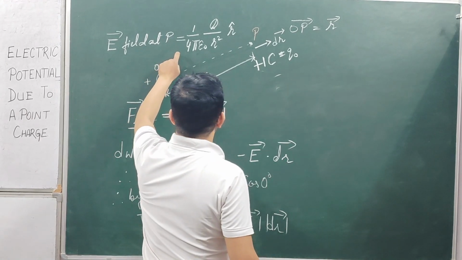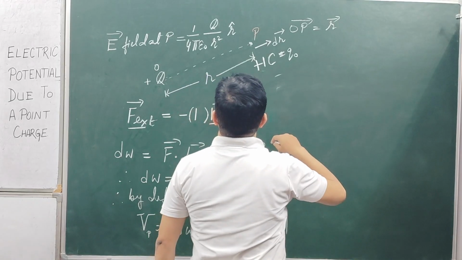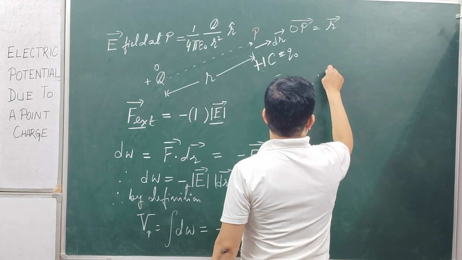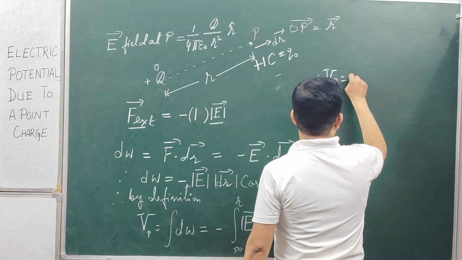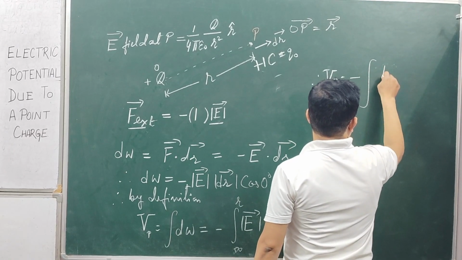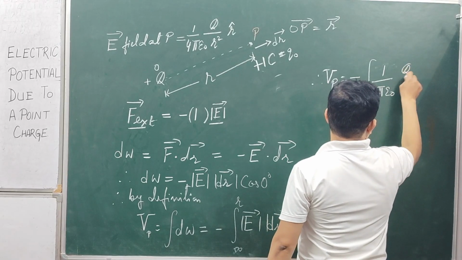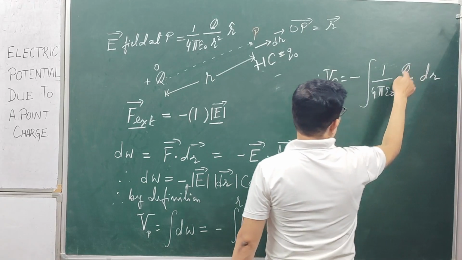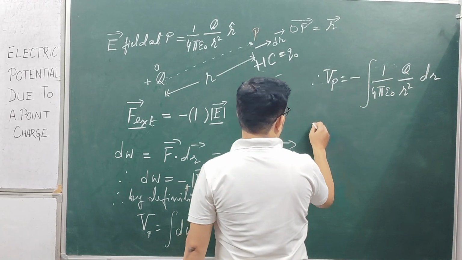We already know what E is, right? The electrostatic field is 1 over 4 pi epsilon naught, Q over R square. So we get Vp, the potential, is equal to negative of the integration of 1 over 4 pi epsilon naught, Q by R square dr. Everything else is constant except R, so we pull it out of the integral sign.